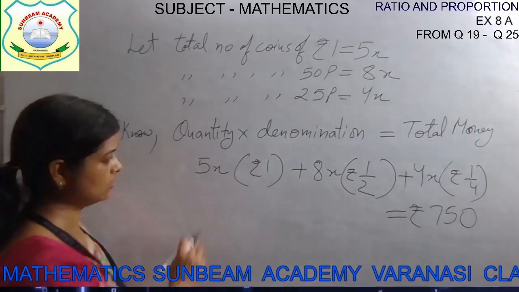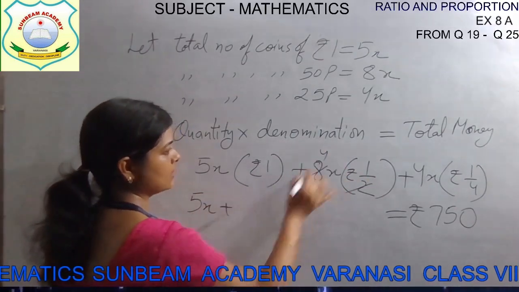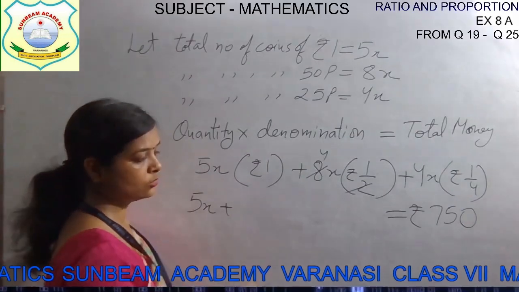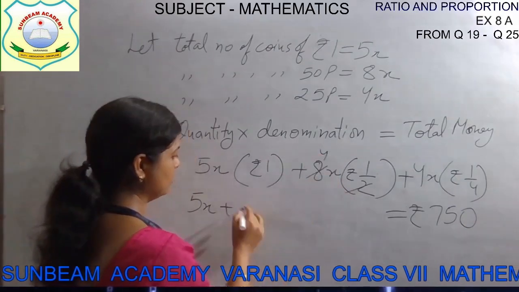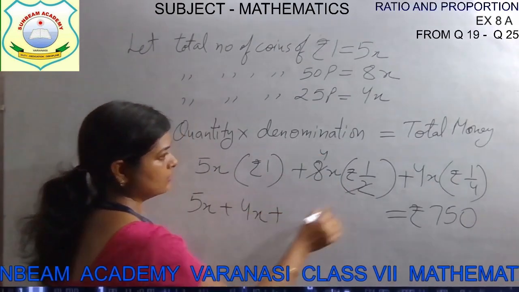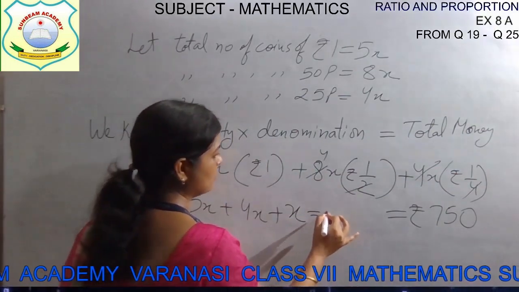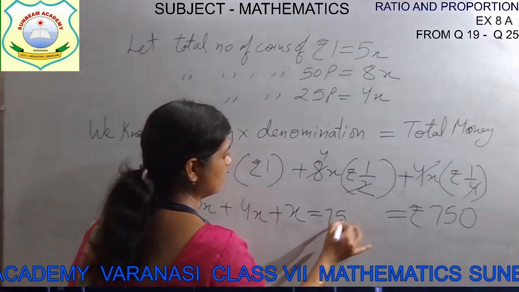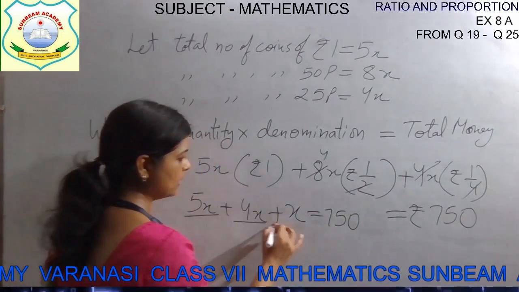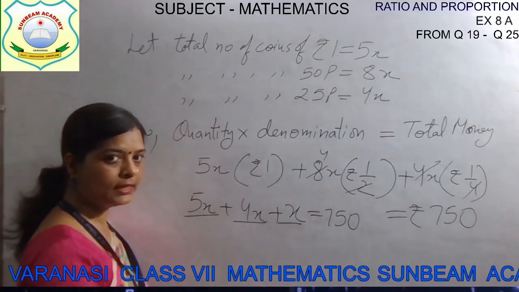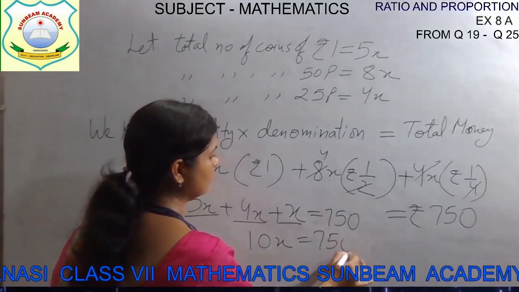Now just solve it. 5 into 1, 5x, plus 8 into 1/2: 2 fours are 8. So 4x plus this 4x, and the 4 and 4 will get cancelled out. So x into 1, x is equal to rupees 750. Okay, solve it children. 5x, 4x and x. How many x? Total 10x. It is total 10x is equal to 750.